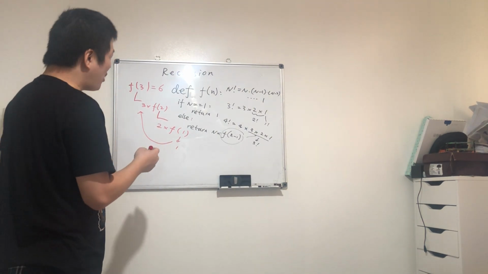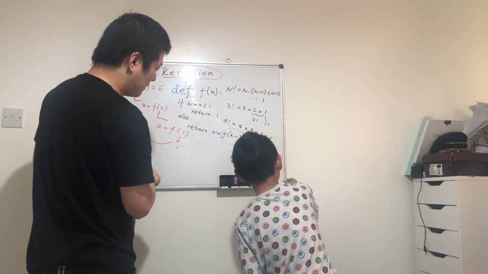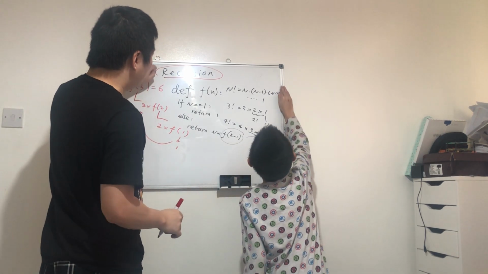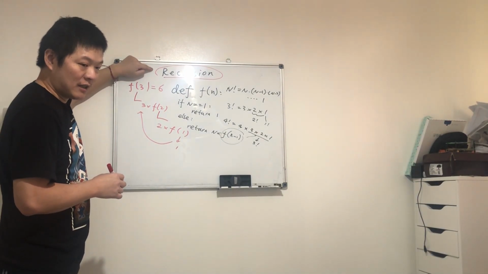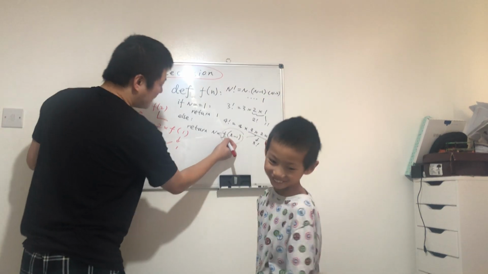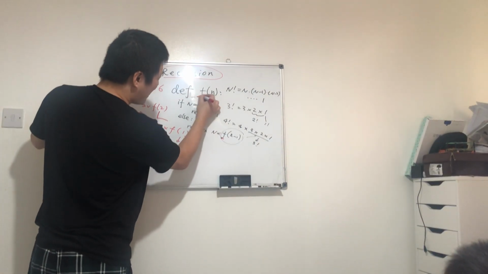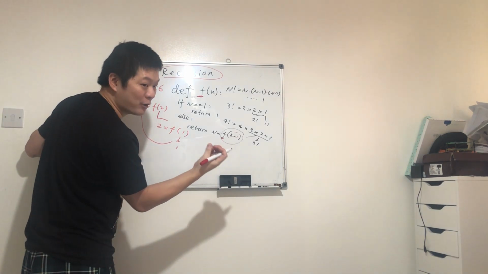Look, what this recursion. To make sure, where does the recursion happen? Can you tell me? Look, this is the function we define here. It's calling itself with another parameter, which is a smaller one, right?